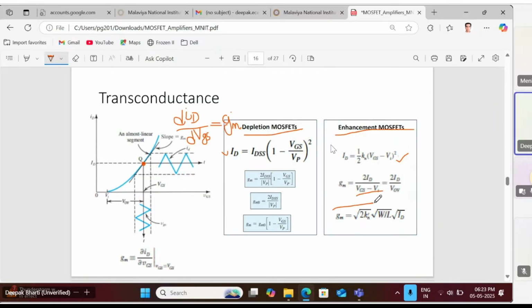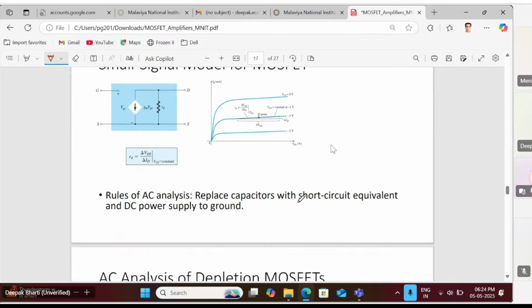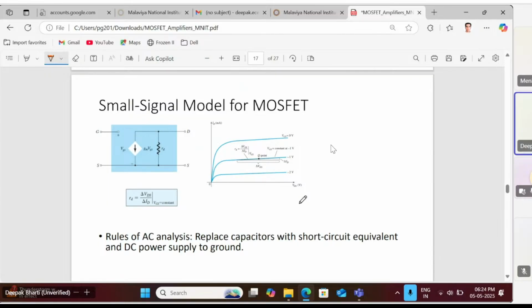Another expression can be simply obtained by simple resubstitution, that is root of 2kn W by L into ID. So these are the two cases for the transconductance for depletion and enhancement modes. This concept of transconductance will be quite useful to determine the gain of MOSFET based amplifiers. So now let's come to the small signal model for the MOSFETs.